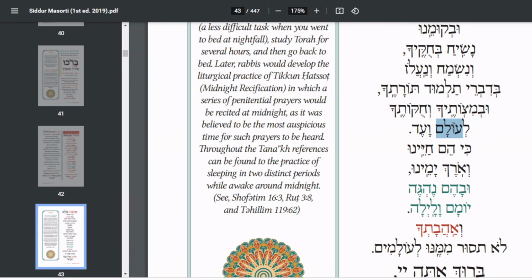So olam is a great word because it means world, it means universe, but it also means forever. You can think of it as like the universe in every dimension. I just love that word. So le'olam va'ed, we usually translate that as forever and ever, but to the universe and beyond.